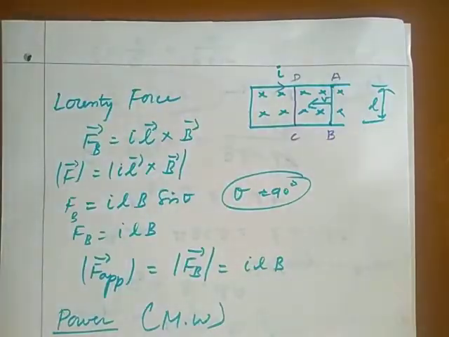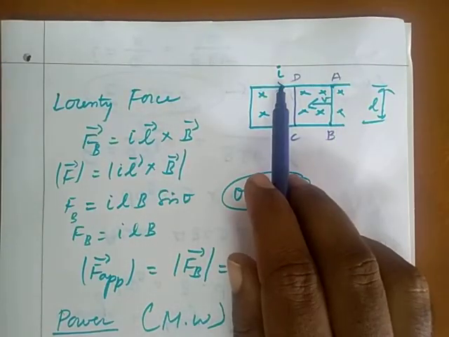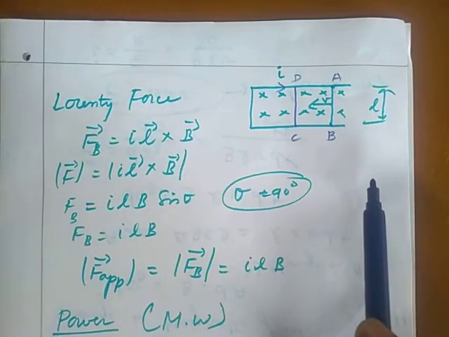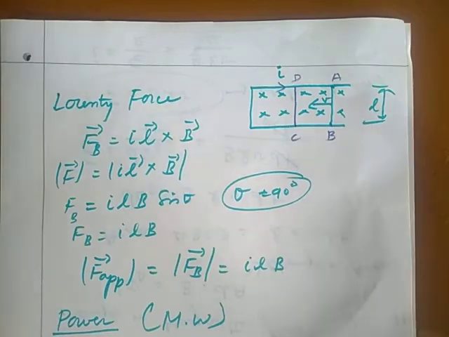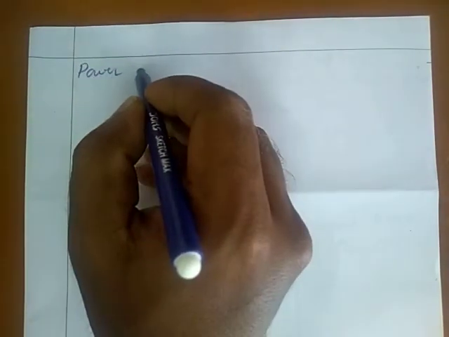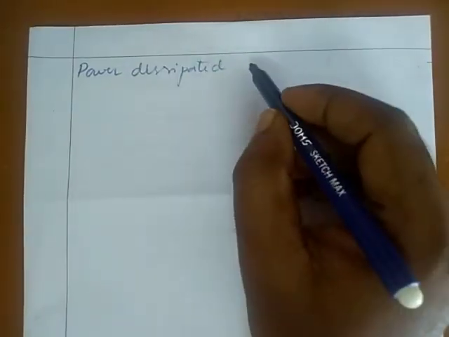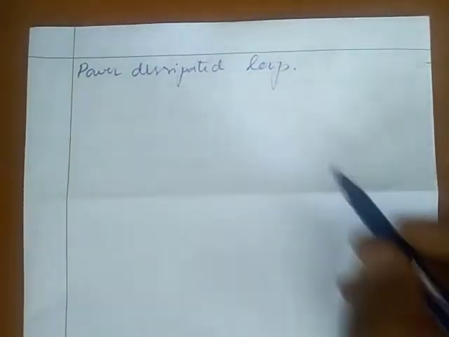Here I is the current flowing through the circuit, so this induced current flowing in the loop will produce a Joule heating effect. Let me see the rate at which this thermal energy is dissipated in the circuit, that is the power dissipated in the loop or circuit due to current flow.